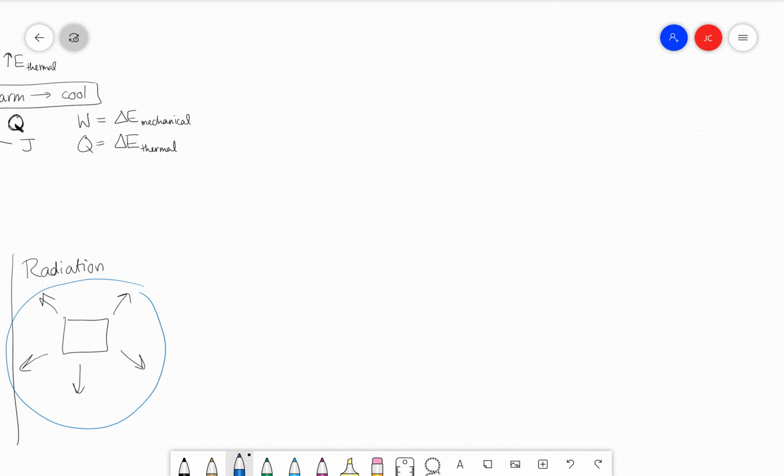Concept 3 is the concept of heat capacity. Heat capacity is an interesting concept. Basically, it's referring to the capacity or the ability of an object to absorb or release energy. So if you have an object, it has this innate ability to absorb energy or to release it.